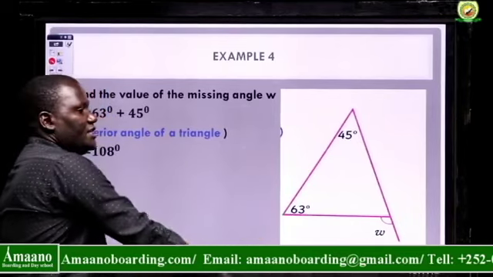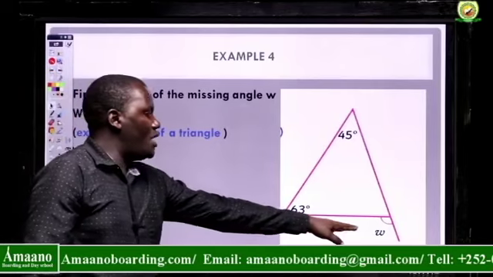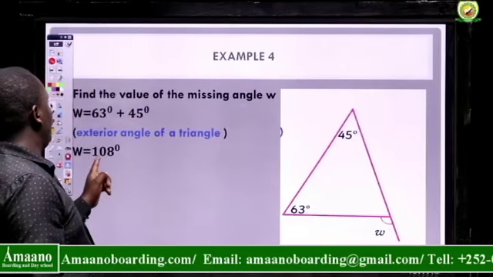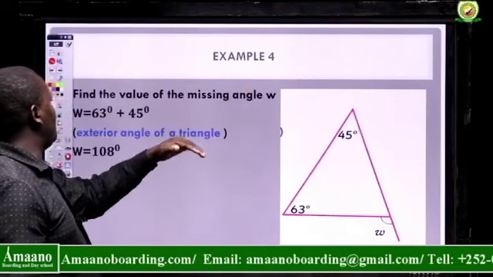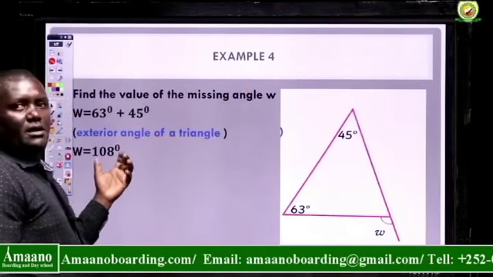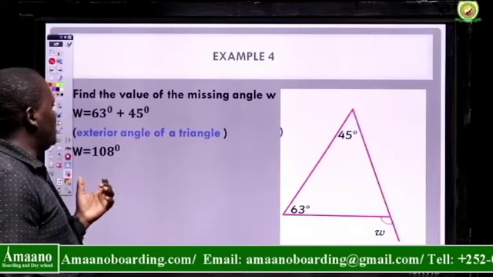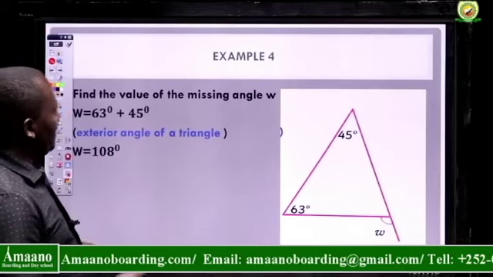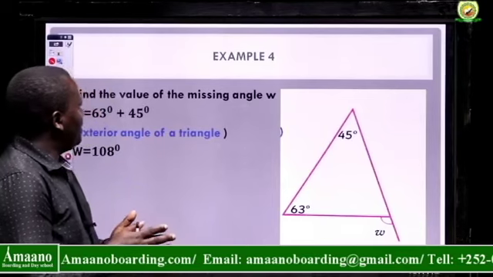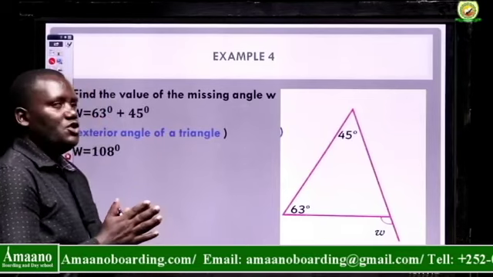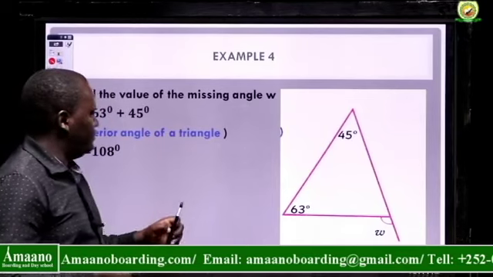When I add these interior angles, I'll find one exterior angle. That's going to be 45 plus 63. That's going to be 108 degrees.